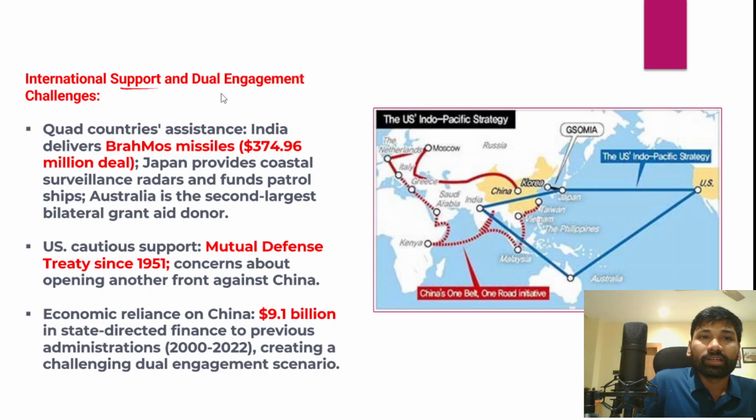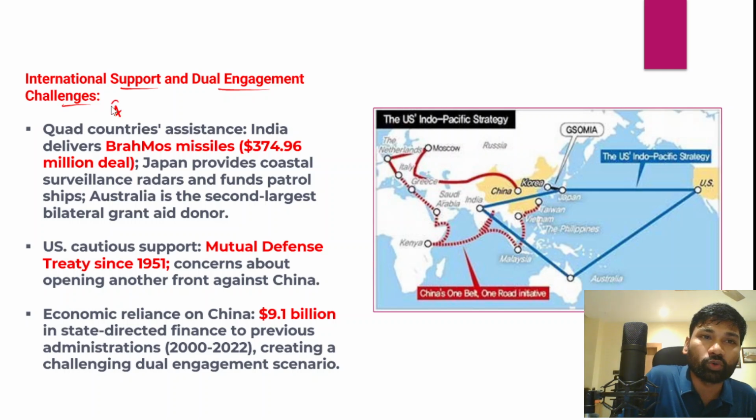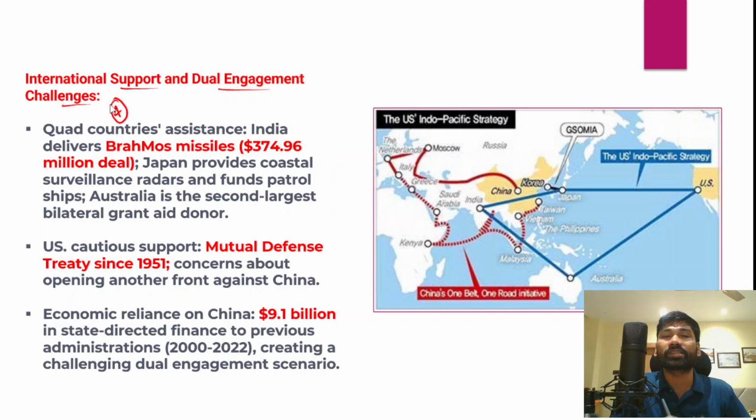So there was also increasing international support and dual engagement challenges. Okay, increasing support especially from Quad countries. Now when we talk about the Quad countries, as I've already told you, the Quad has four member countries: the US, India, Japan and Australia. So Quad countries are also regularly assisting the Philippines through arms, ammunition and material support, right?